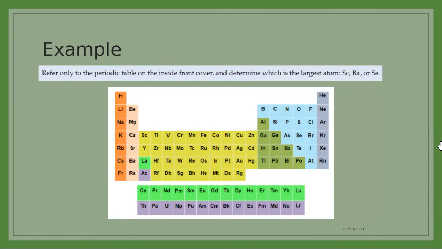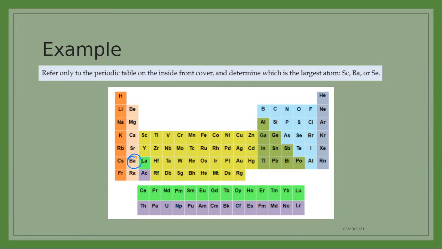Refer only to the periodic table on the inside front cover and determine which is the largest atom: scandium, barium, or cerium. First of all, you have to find these elements. What are they? This is the barium.